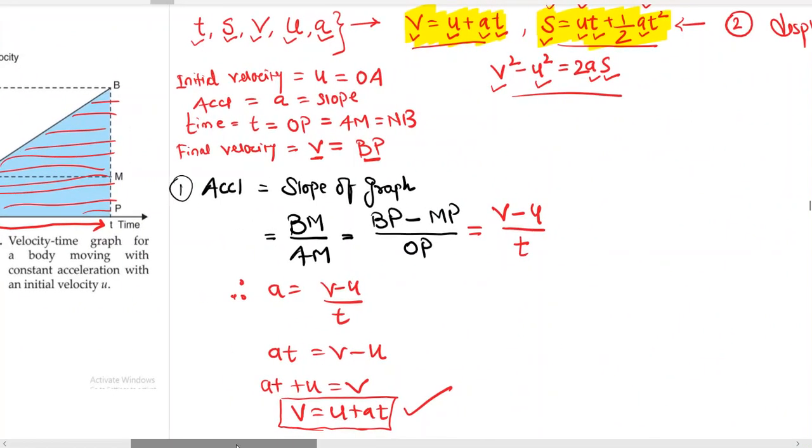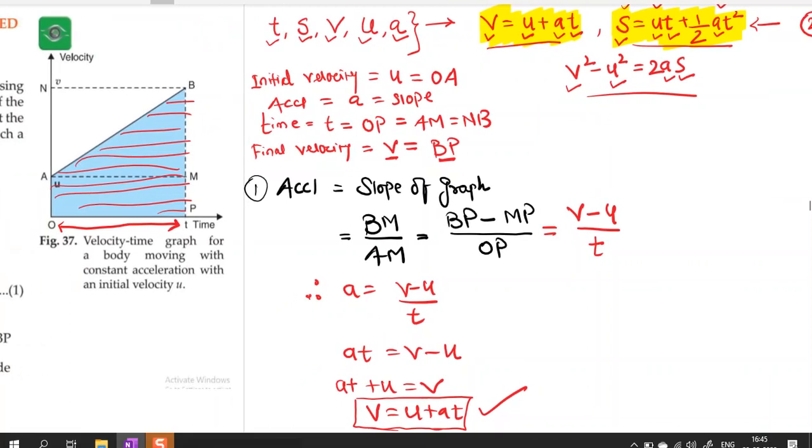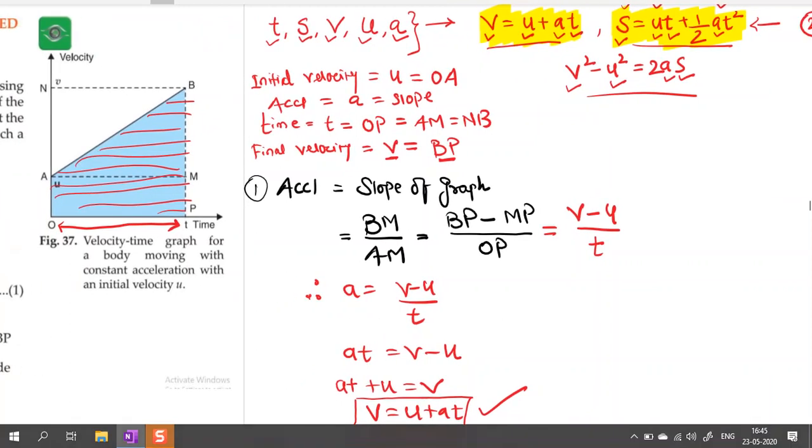Now you have understood the method which we used for finding all these equations. First we drew a graph. Without the graph you cannot derive any of these equations. The graph is such that the initial velocity of the body was u and the final velocity was v. The graph should exactly look like this. Name the graph.